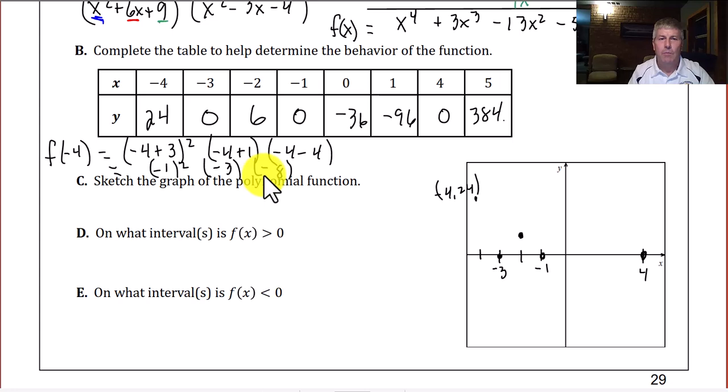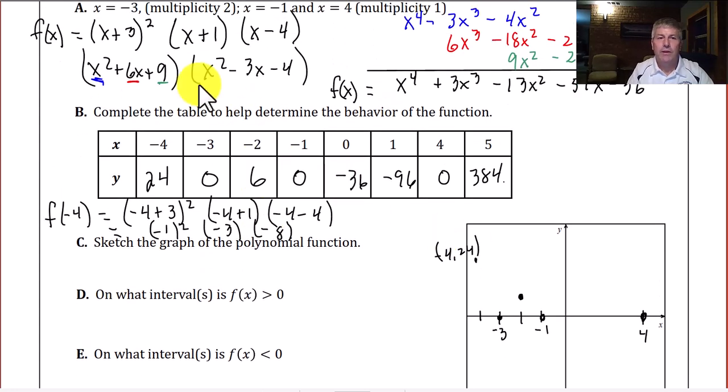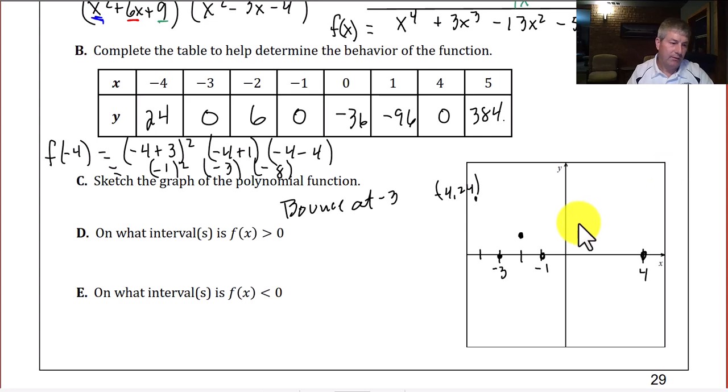We had a double root, if I remember correctly. Yep. Negative 3 had a multiplicity of 2. So at negative 3, we're going to bounce. So our graph is going to bounce here. And at negative 1, that's going to be a pass-through. We've got a y-intercept of negative 36.